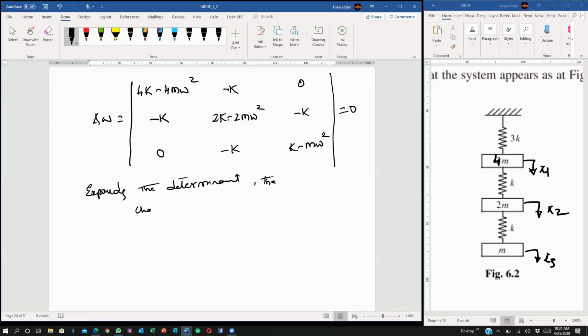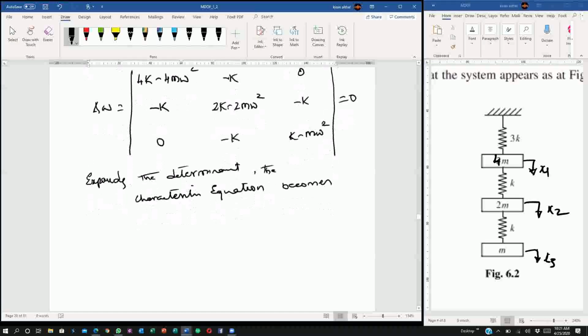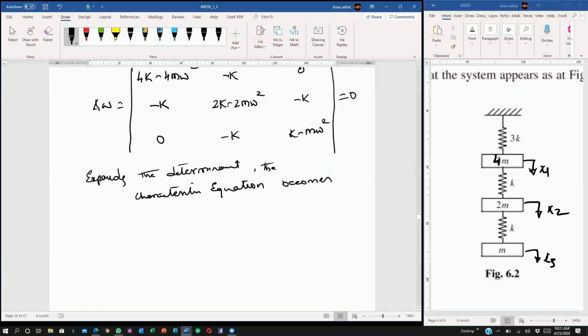The characteristic equation becomes, okay, so what is the one which becomes now? I have to expand this, right?